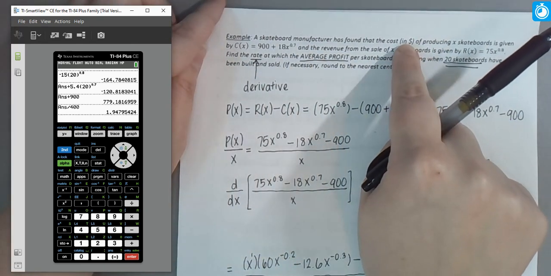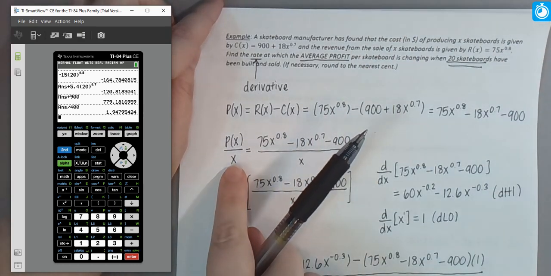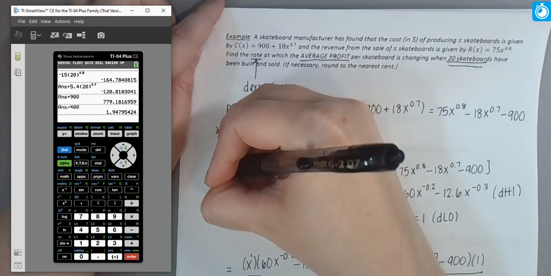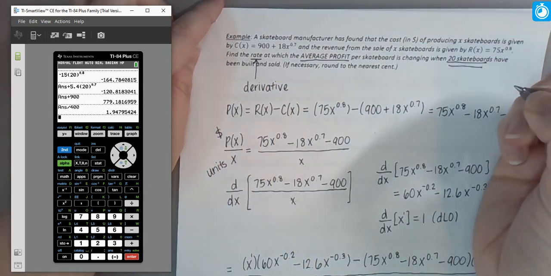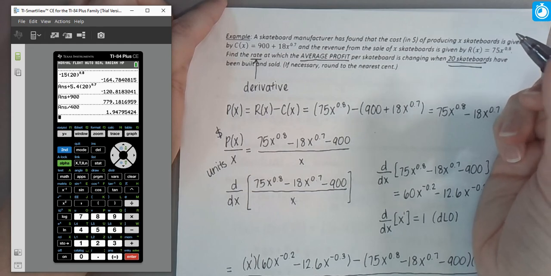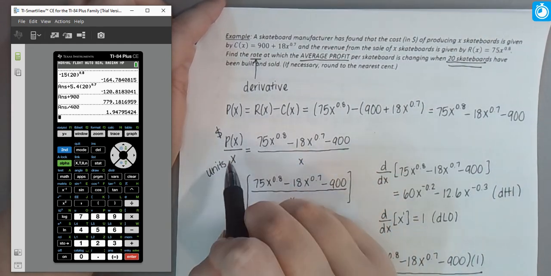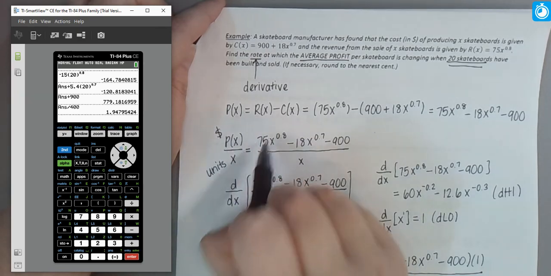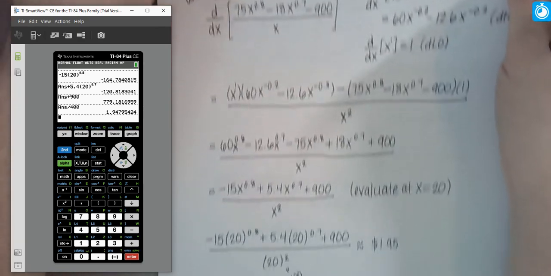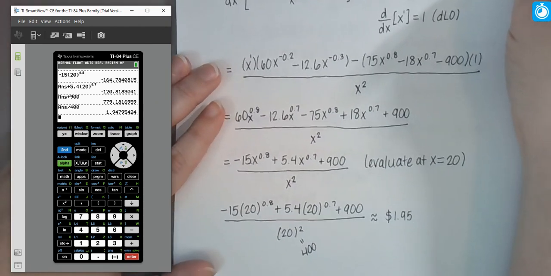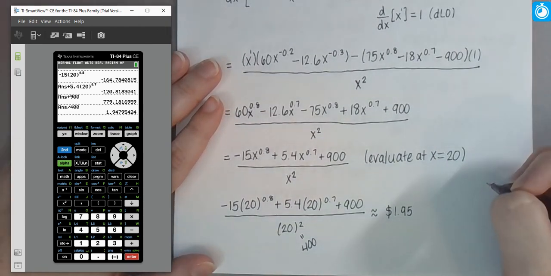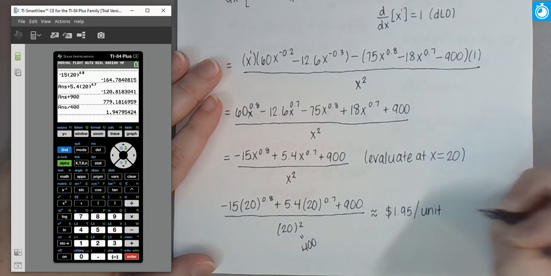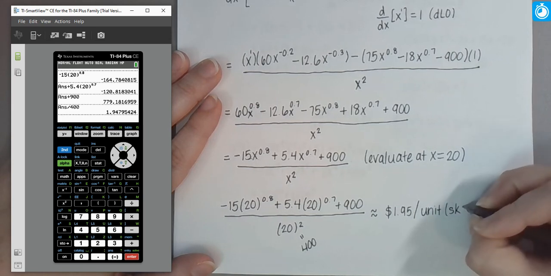Profit is represented by dollars, but when we talk about average profit, it's dollars divided by units, how much we're producing. So when we're talking about how this value is changing, it's the dollar amount worth of change per unit produced. So it's $1.95, but not quite $1.95. It's $1.95 per unit. In other words, per skateboard.